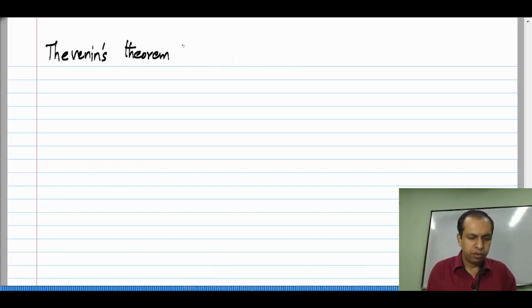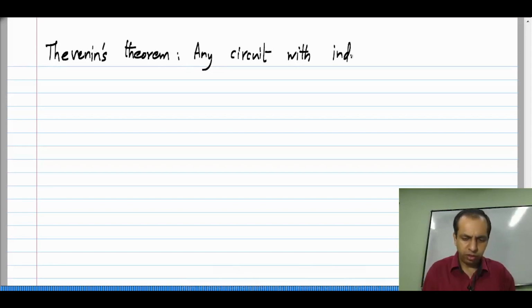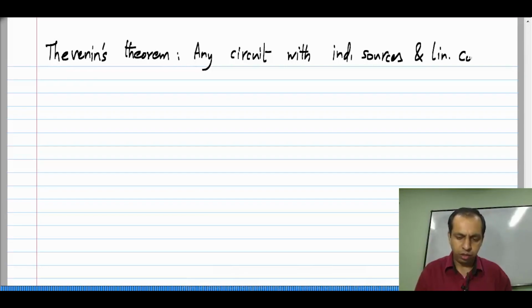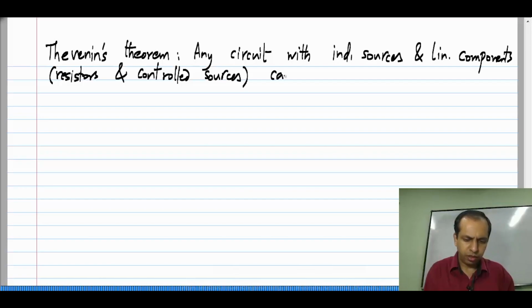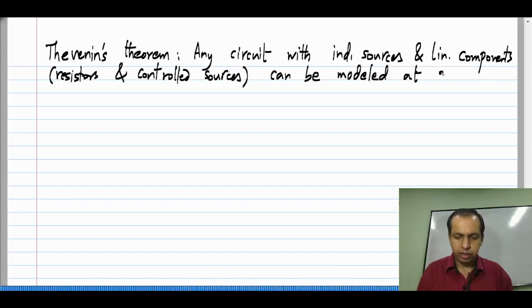So, Thevenin's theorem says that any circuit with independent sources, which means independent voltage sources or current sources, and linear components, that is resistors and controlled sources, can be modeled at some two terminals.